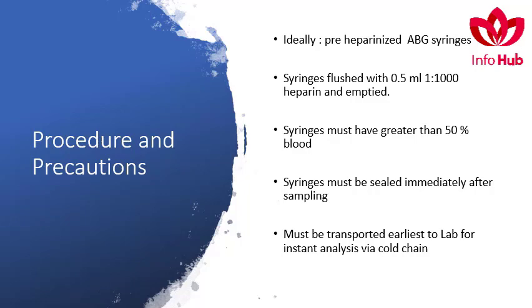Usually a 3 cc syringe is used, and it should have greater than 50% of blood in it. The syringe must be sealed immediately after sampling so that air bubbles don't enter it. And lastly, it should be transported quickly via cold chain, to analyze the ABGs instantly.